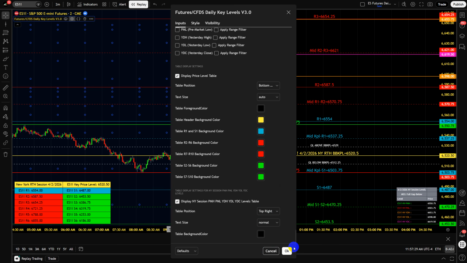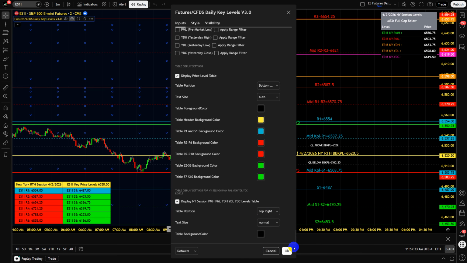All right, so what we're going to do now is go into more detail about certain aspects of the indicator, and we'll do that now.